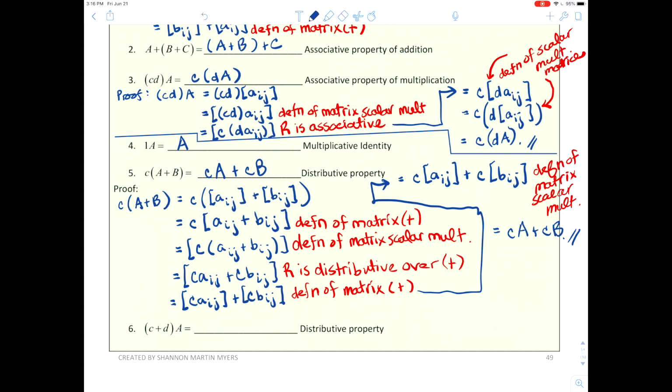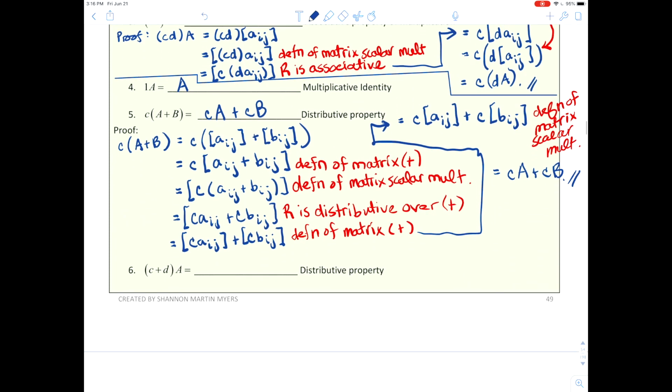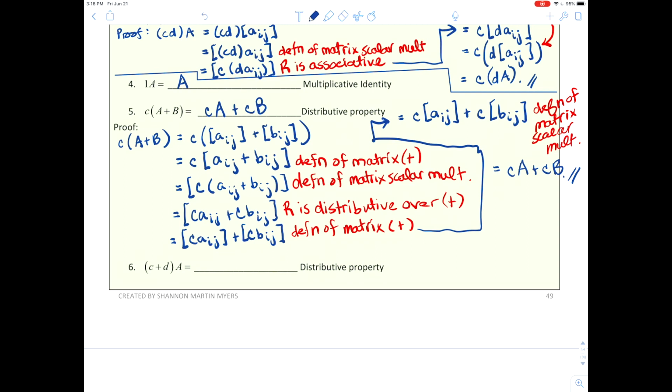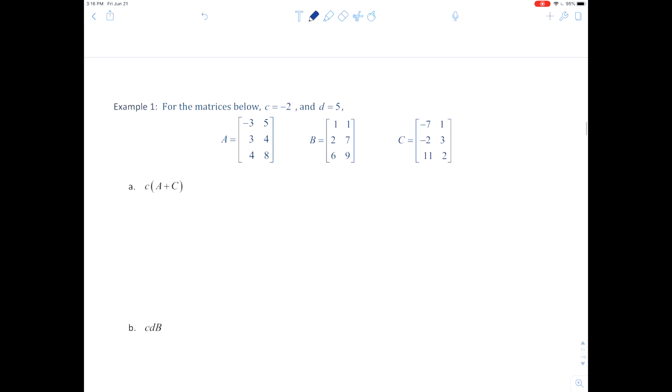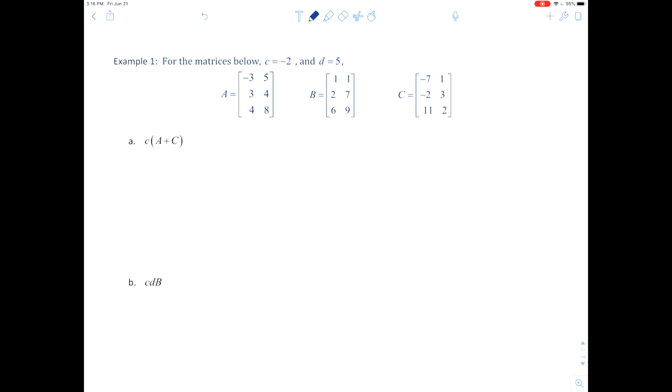Groovy? Okay, now number 6, the quantity C plus D times the matrix A is equal to C times A plus D times A. That's the distributive property again. And then we come to our first example. So go ahead and pause the movie and work out these problems without using the graphing calculator.